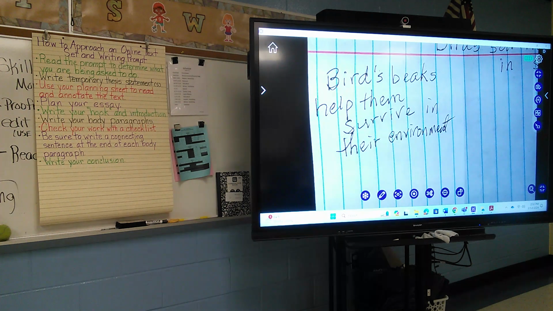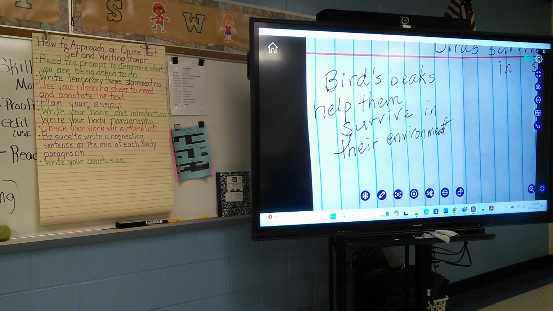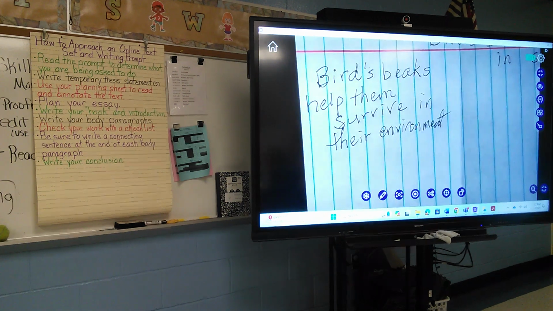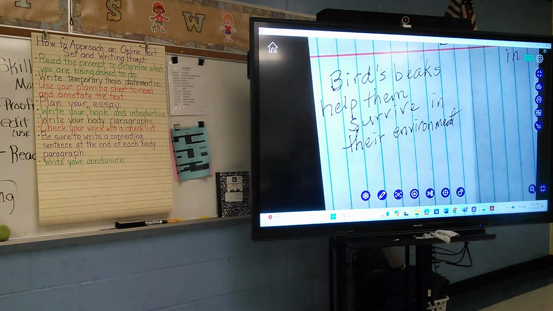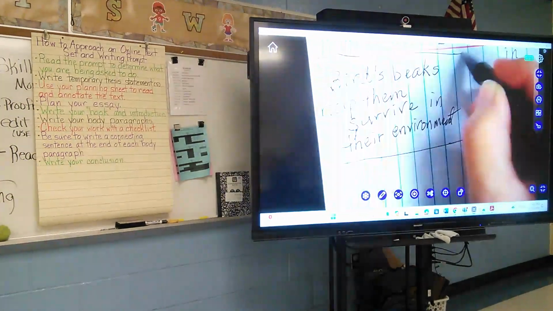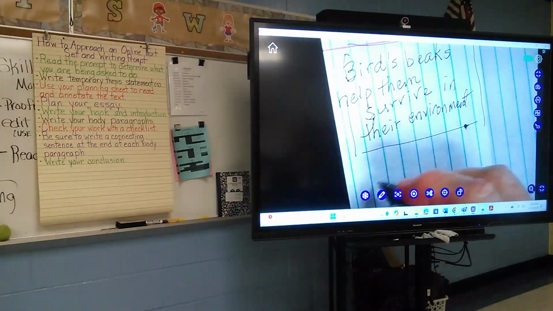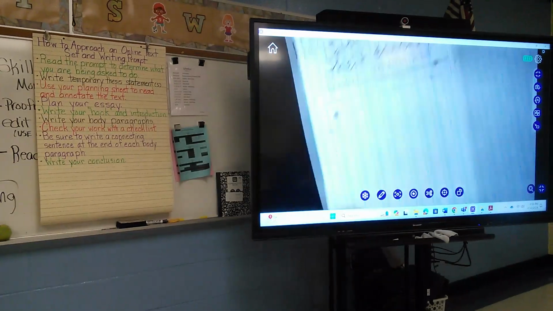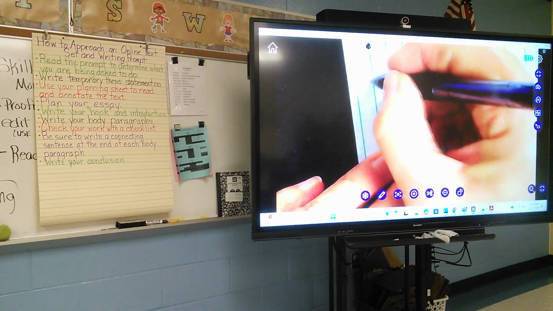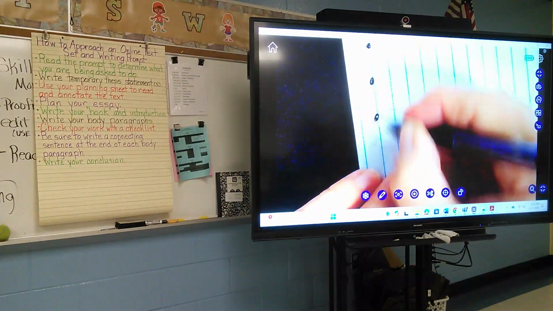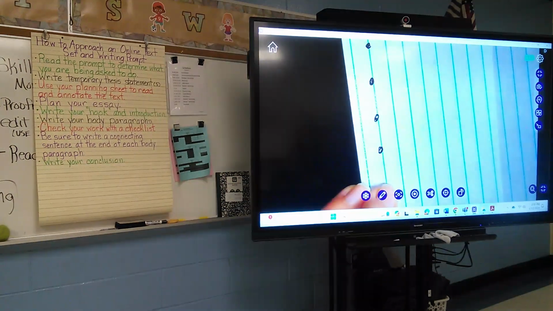Who can remember how many different types of beaks they are going to talk about? Aniket? 5. Close. Sadie? 4. So we can put our box here. And we know that we're going to have 4 bullets here because of 4 different kinds of beaks.